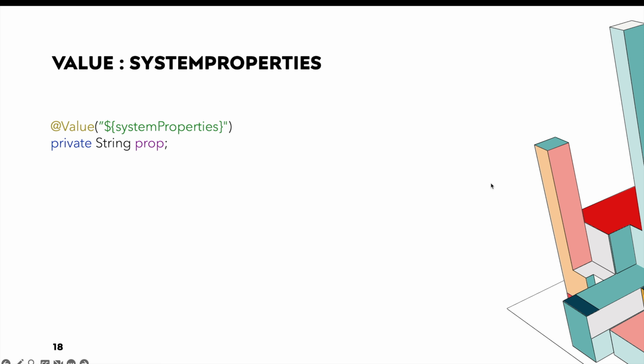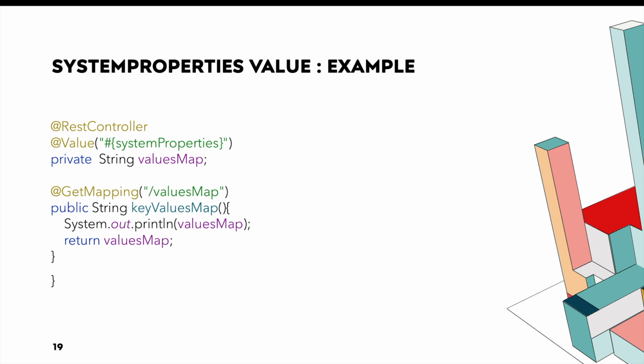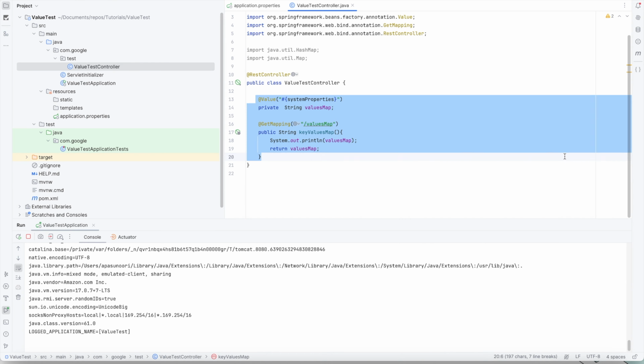Now look at system properties. By using the @Value annotation, we can retrieve all current system properties by using the property name systemProperties. It will display all the available system properties. This is the sample code. Let's try here. I'm using systemProperties, capturing it in a string.